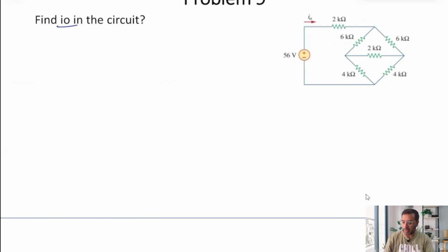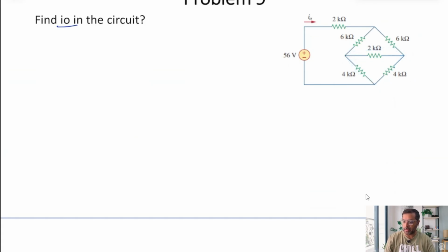Here we have at least two delta networks, like this is one of the delta networks, or the other delta network can be this one also, these three resistors as well, right? So we will use the formulas for converting delta into a star network.